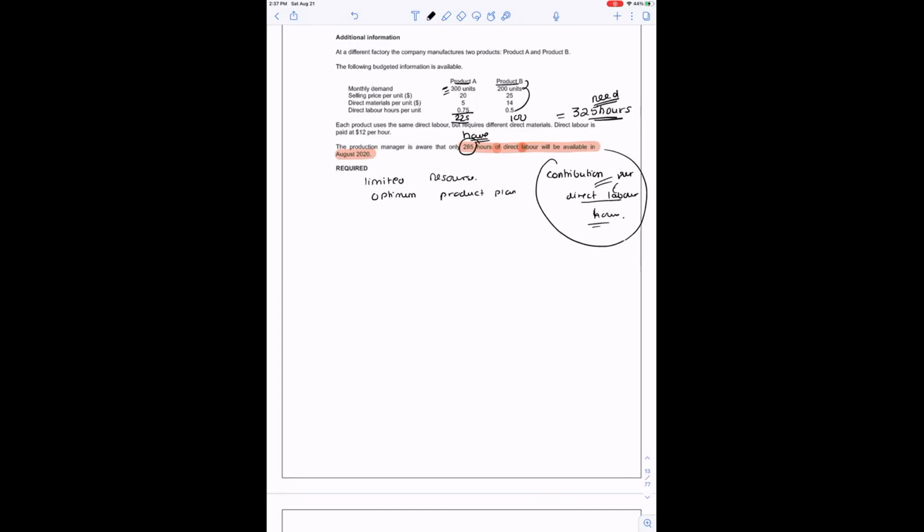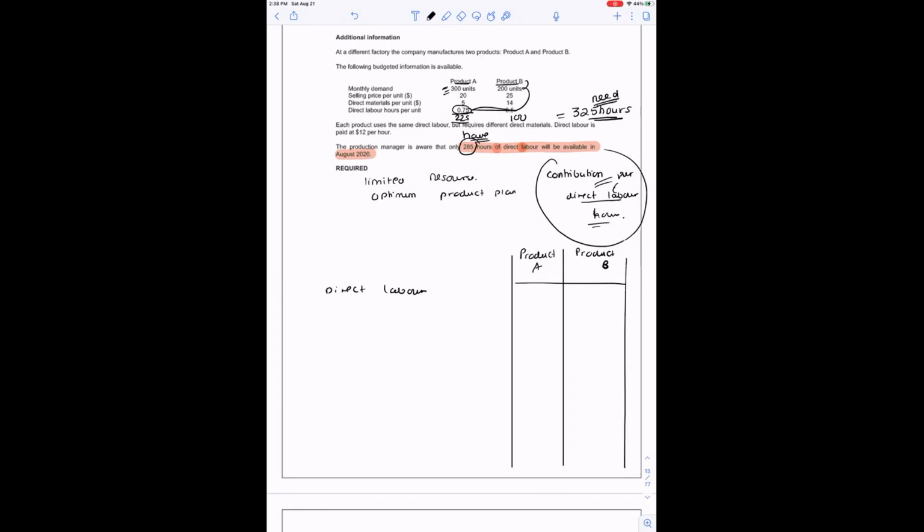So I have two products. I have product A and I have product B. To make 1 unit of product A, direct labor hour per unit is 0.75 and the laborer is paid how much?